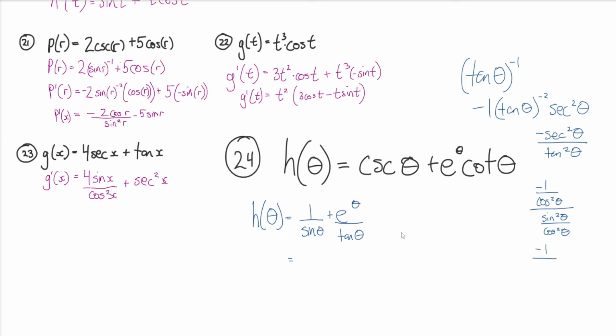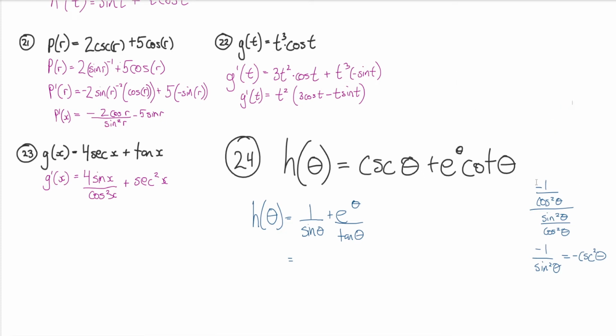So we really just have negative 1 over sine squared theta, and that is negative cosecant squared theta. It makes sense that we get our derivative that way. So let's say this is negative cos theta over sine squared theta. We said that was the derivative of that.